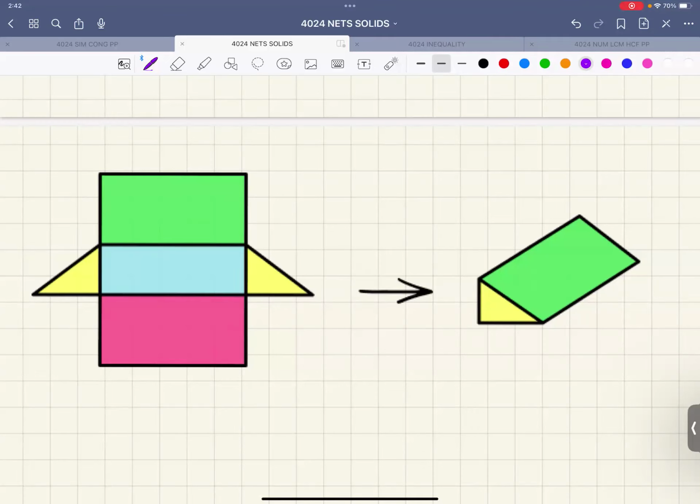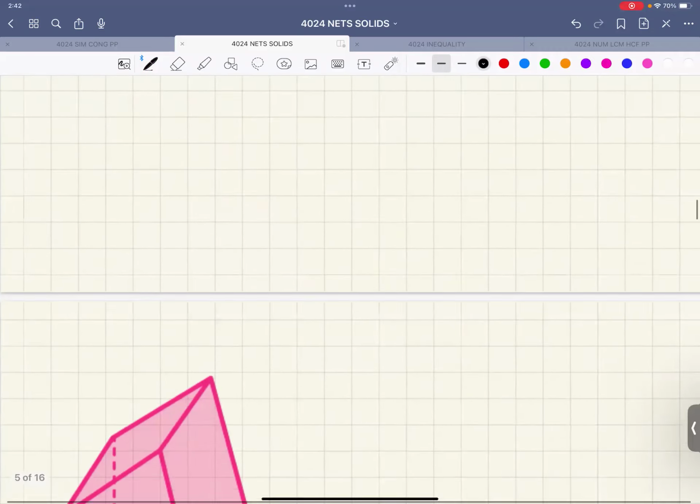So this is that slant thing. This is the slant side. This is the front. And over here will be the back. So one of them could be the front. This is the back. This is the slant. And this is the side wall. So now that's how this is done.